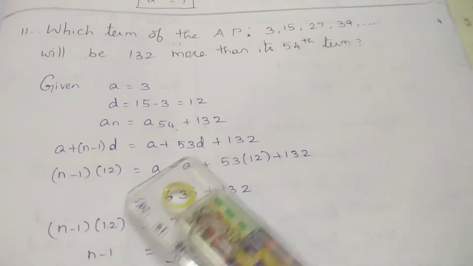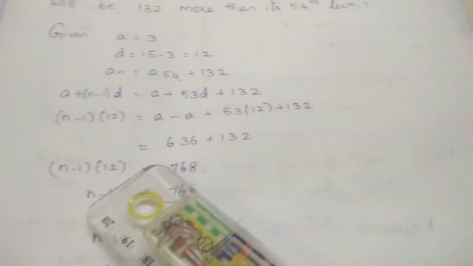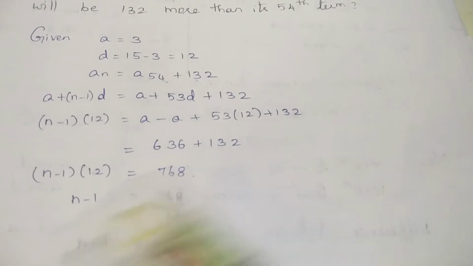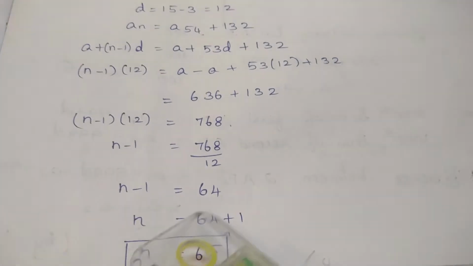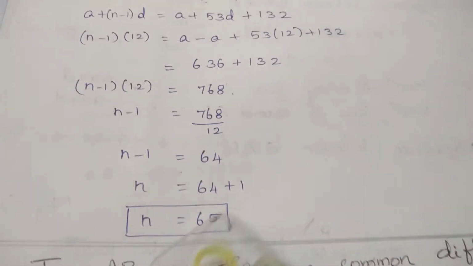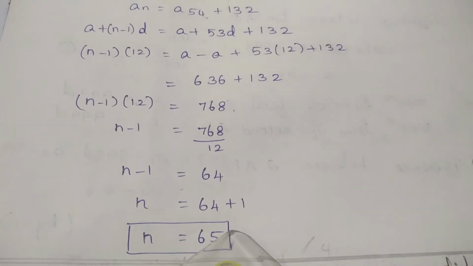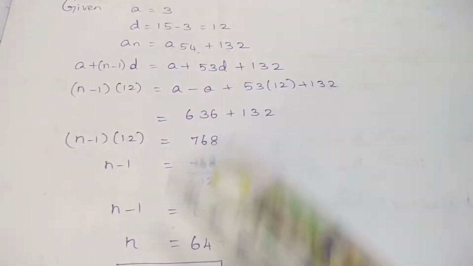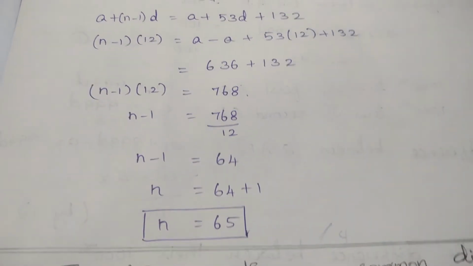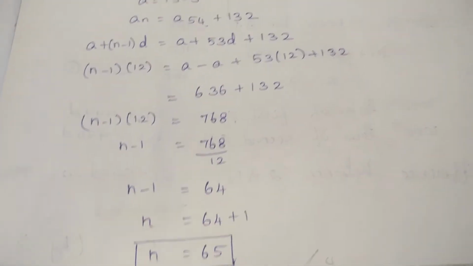A and a cancel. 636 plus 132. Here itself n minus 1 into 12, the multiplication. So after the equal sign, division. So 64, n equal to 64 plus 1, n equal to 65. So for a54 plus 132, which term will it be? The 65th term. Okay, you have to find it that way.